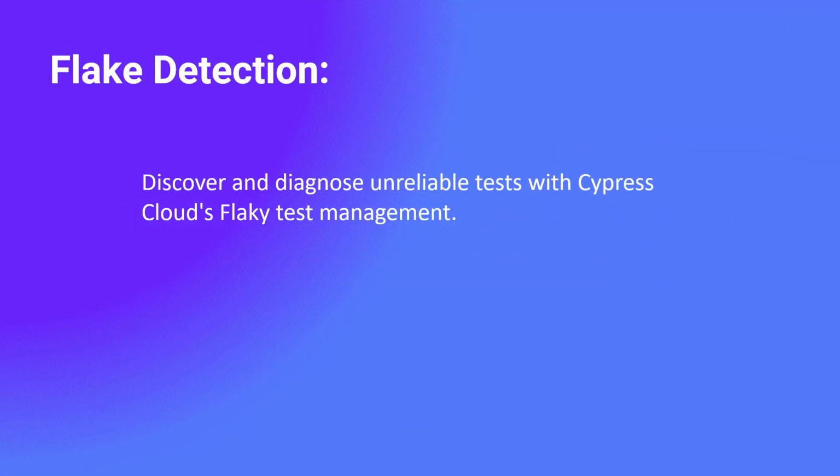Next, flake detection. So we can discover and diagnose unreliable tests with Cypress Cloud Flaky Test Management. Flake detection is nothing but if the test fails, by default Cypress itself will retry two times.